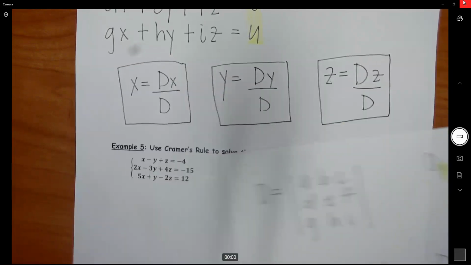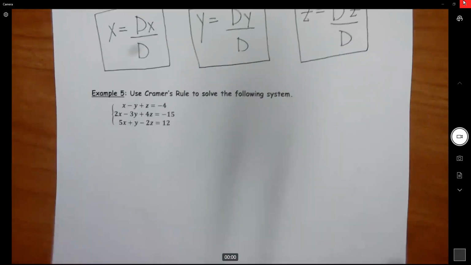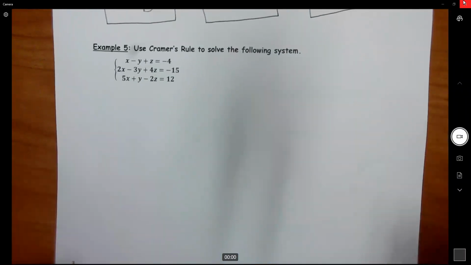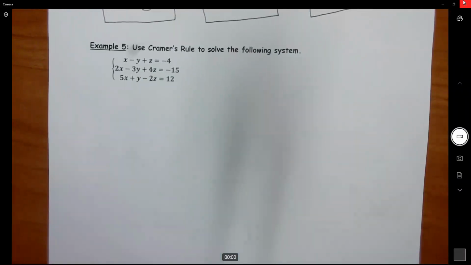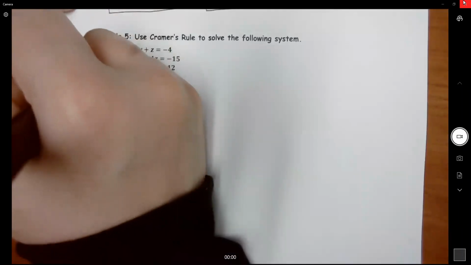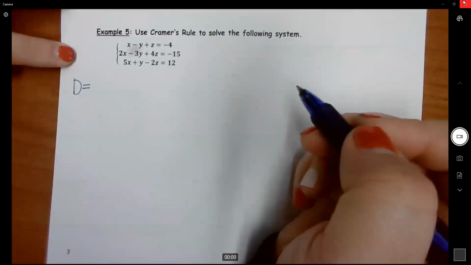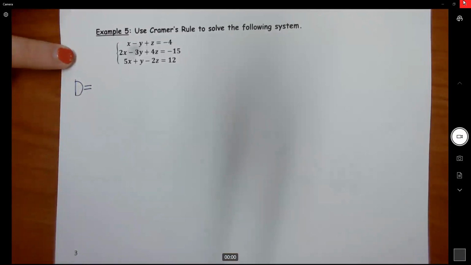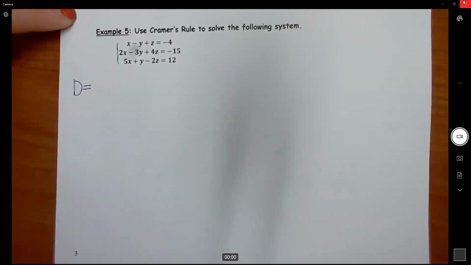Okay, so let's apply this. Use Cramer's rule to solve the following system. So we need to figure out what is d, what is d sub x, d sub y, and d sub z.